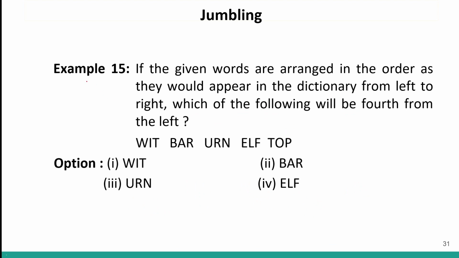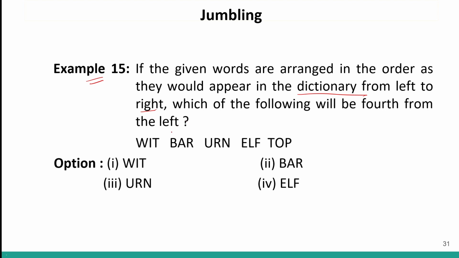Now, example number 15. If the given words are arranged in the order as they would appear in the dictionary from left to right, which of the following would be the fourth from left? So first we have to arrange them in dictionary order, and then we have to find out which of the following will be fourth from left. So dictionary order from left to right.